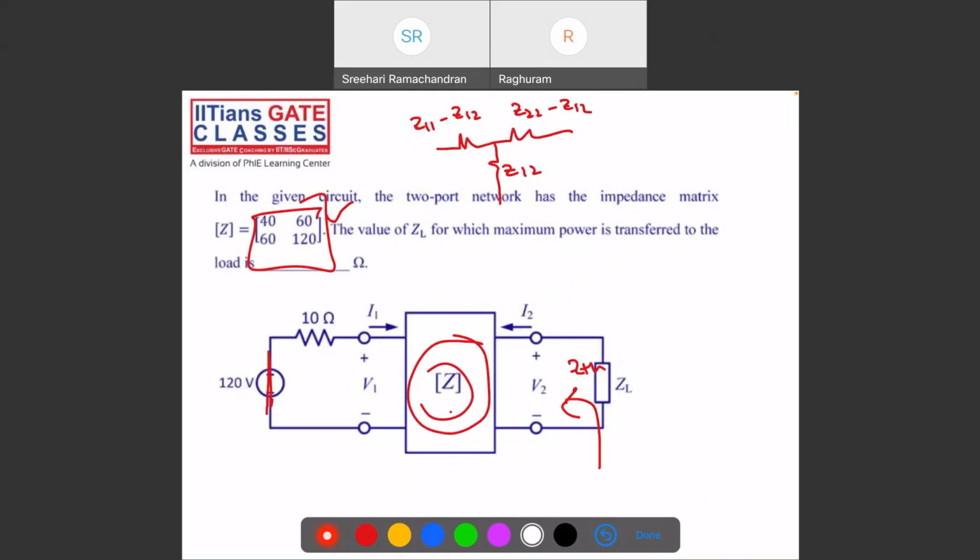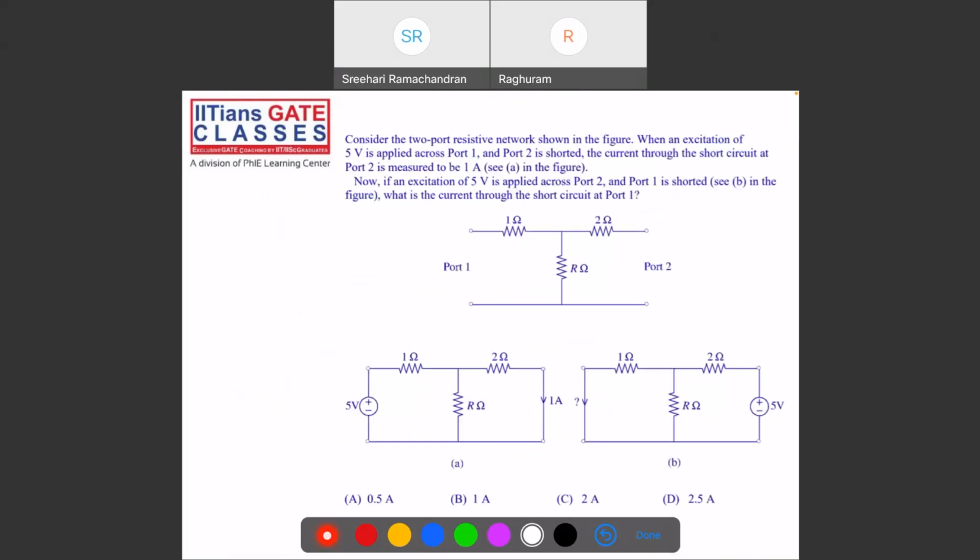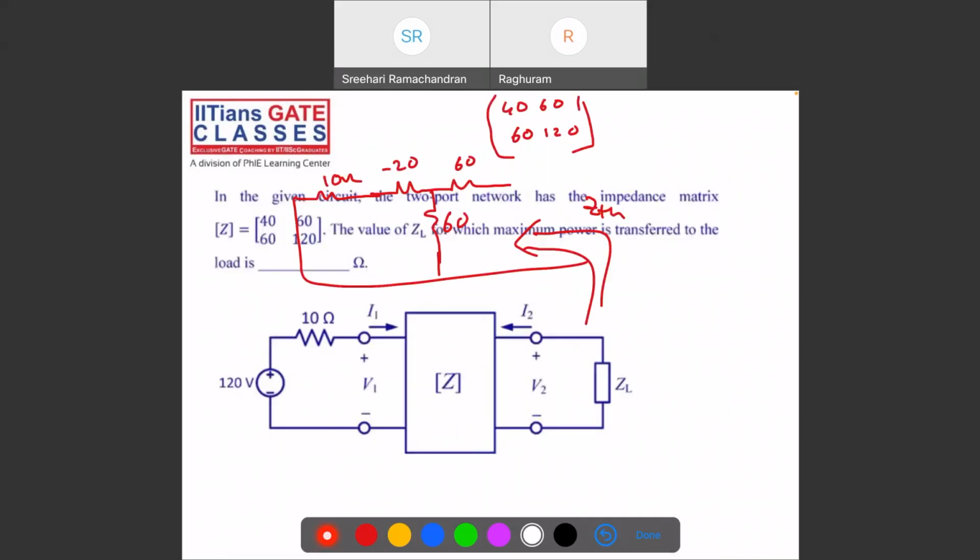Okay, let me see this. Minus 10 is in parallel with 60. I think I took some wrong circuit or the wrong values.